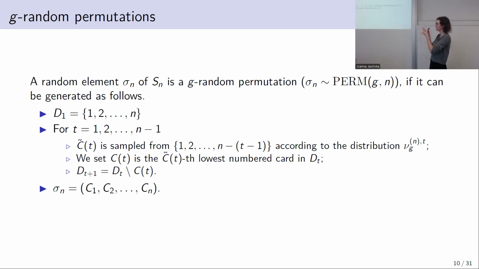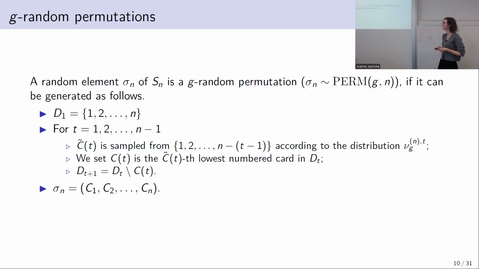So this is an algorithm that shows you that actually the two previous models are special cases. You can see the analogy. Again, I have a deck of n cards, and in every step from 1 to n minus 1, I sample C tilde, which is the position in the leftover deck, according to this distribution that I specified in the definition of the model, and I take C_t to be the C tilde-th lowest numbered card in my deck.